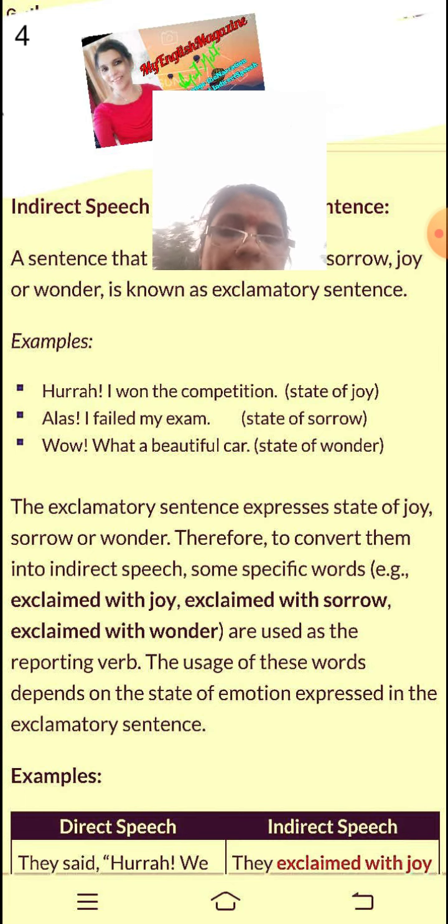Therefore, to convert them into indirect speech, some specific words, for example exclaimed with joy, exclaimed with sorrow, exclaimed with wonder, are used as the reporting verb. The usage of these words depends on the state of emotion expressed in the exclamatory sentence.